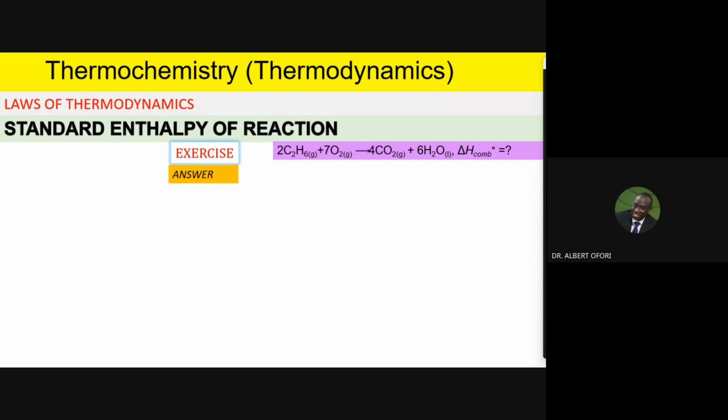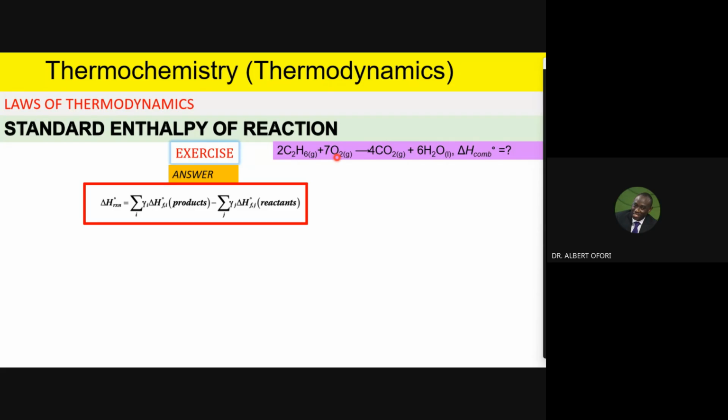Oxygen is 0 because it's an elemental molecule. Then for carbon dioxide and water we're given. Now the enthalpy of reaction should be the summation of the individual enthalpies for the products minus the individual enthalpies for the reactants. Is that okay?